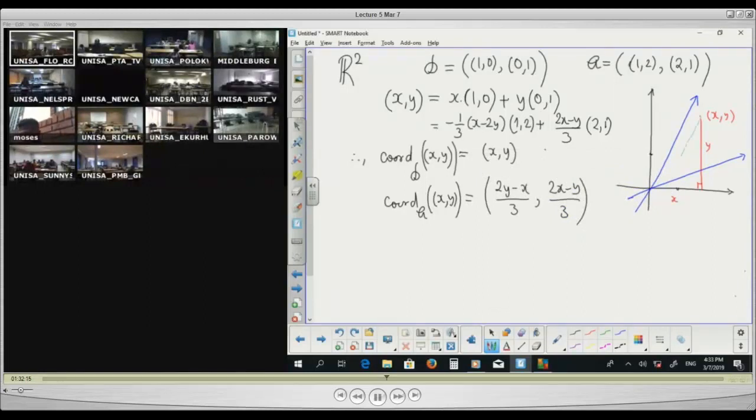So this length is your 1, 2. So this length is your 2y minus x, whereas this length is your 2x minus y. Okay? So we used to refer to this kind of coordinate frames as oblique frames.